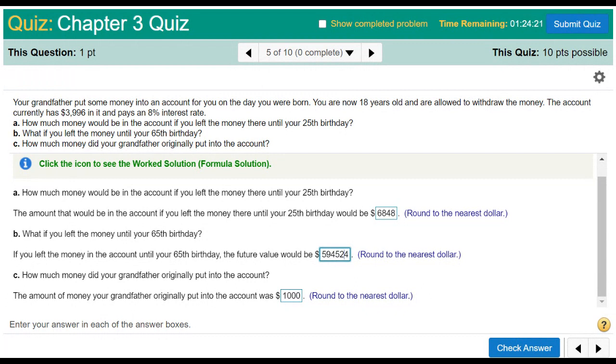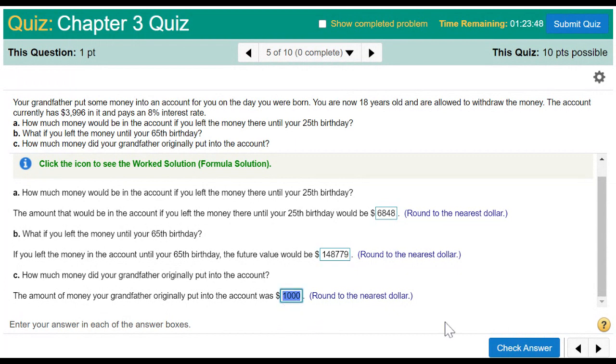Right? And compute for future value. What's the amount? 148,779. Okay. The last one.